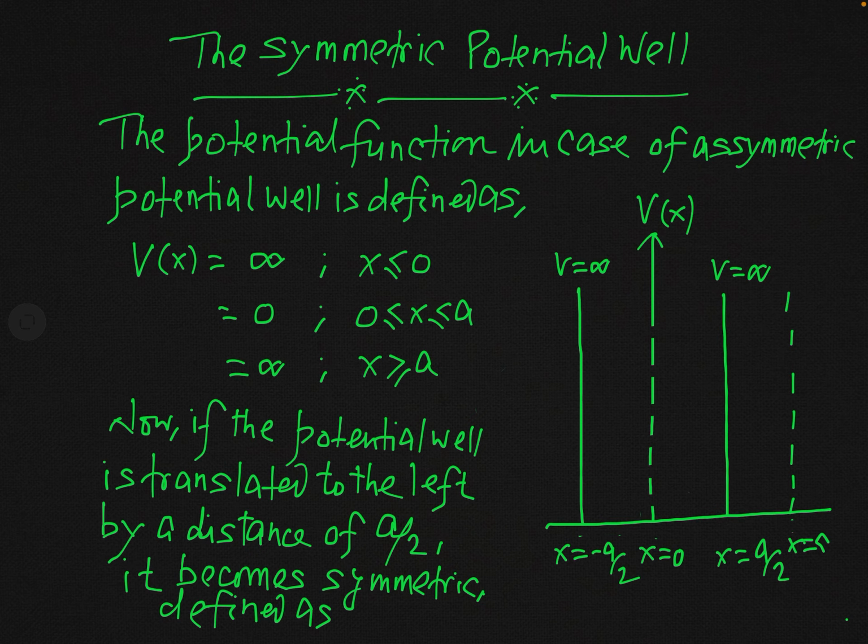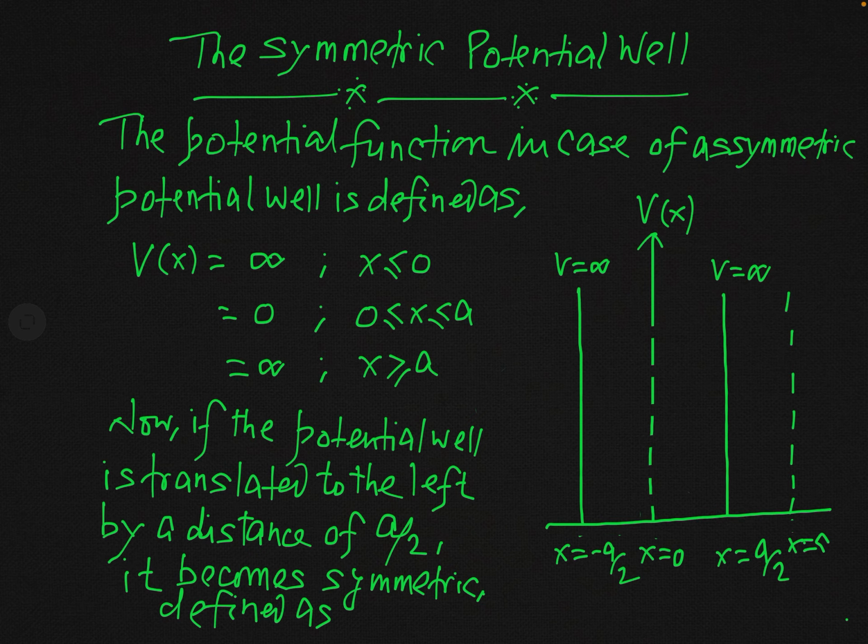In the case of the asymmetric potential well, you have seen the potential function varies with x in this way: V of x equals infinity for x less than or equal to 0. V of x is equal to 0 in the region between x equal to 0 and x equal to a, and again it abruptly becomes infinity when x is greater than or equal to a.